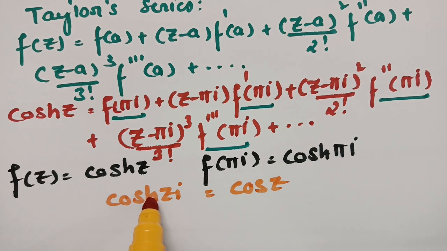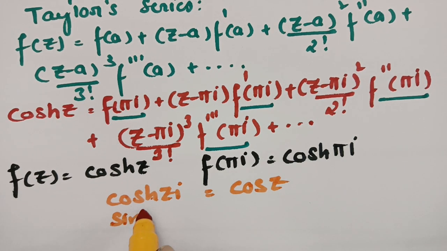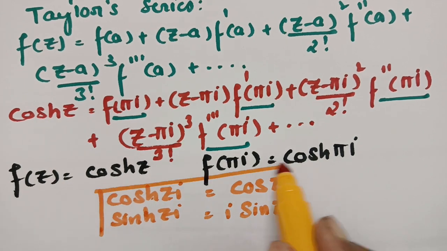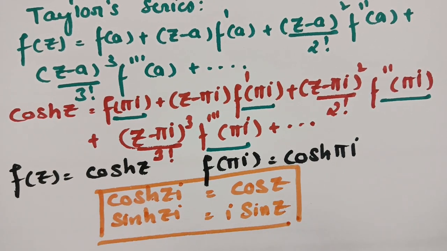So this is the hyperbolic function and this is the trigonometric function. This is the formula, please remember. And sin hzi can be written as, remember, sine of minus theta is equal to minus sine theta. So minus comes out, I comes out, and only the trigonometric function sin z remains. These two are very important for solving this one.